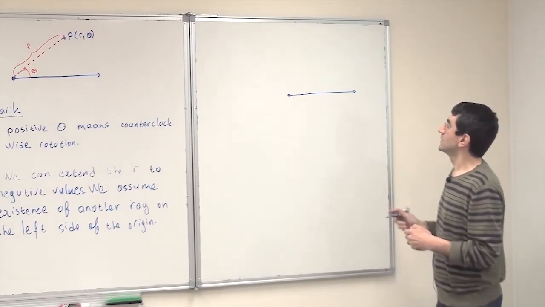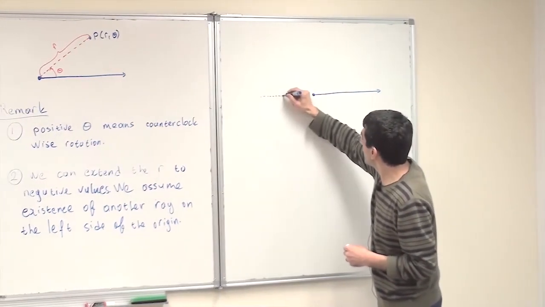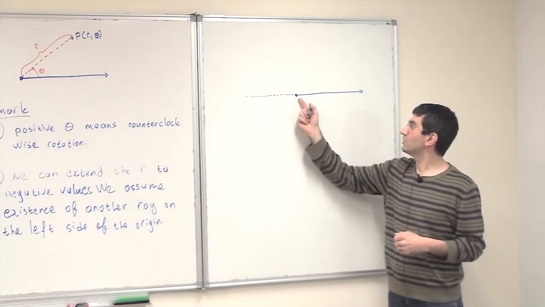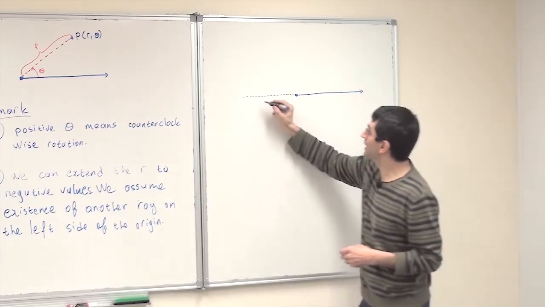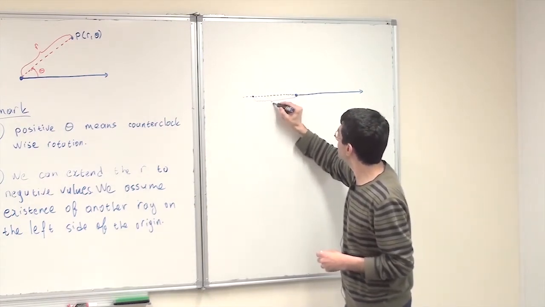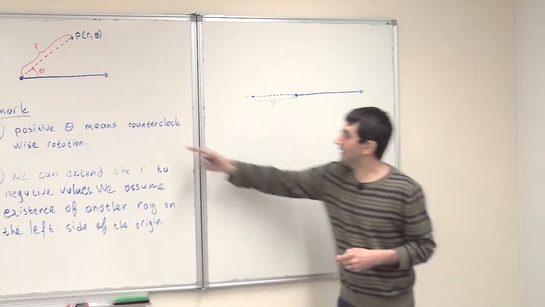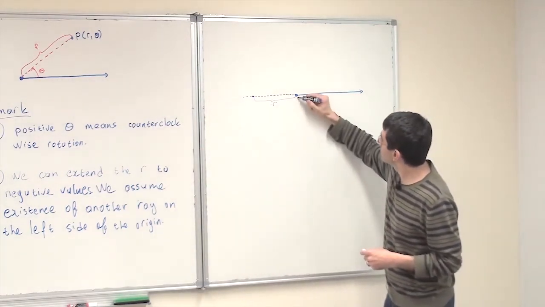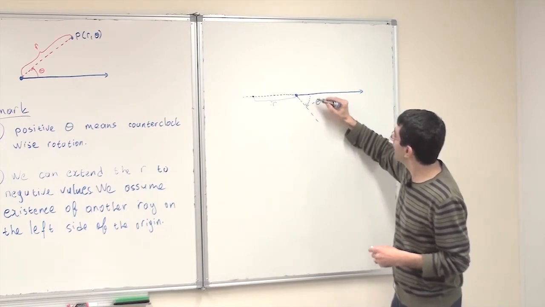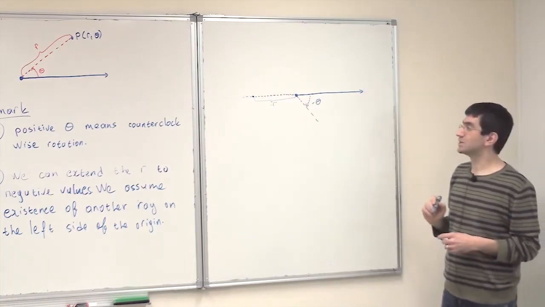So, if I want to sketch a negative r, or negative distance, I assume that there exists an extra ray on the left side of the origin, and I measure my distance on this axis, so this represents negative r, and if I have a negative angle, then I simply rotate in the clockwise direction, again starting from the initial ray.